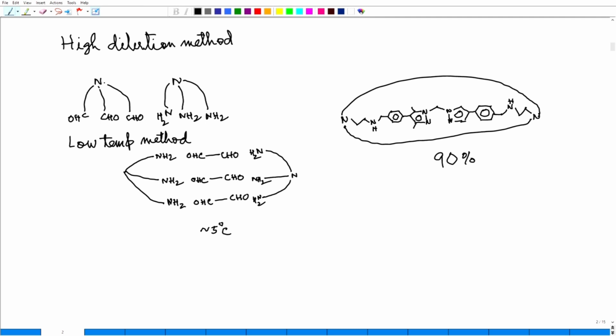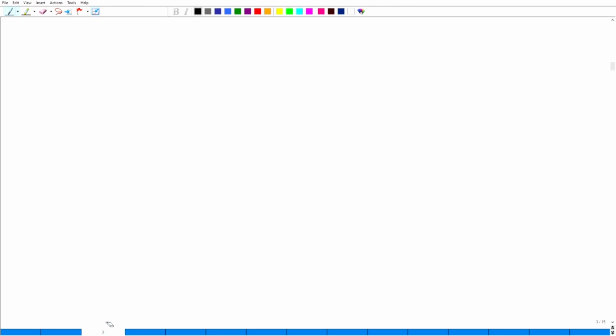So, therefore, I told you the synthesis of this compound and what some of these structures are. Now, I will tell you their complexing abilities. So, there can be monomeric. Okay.